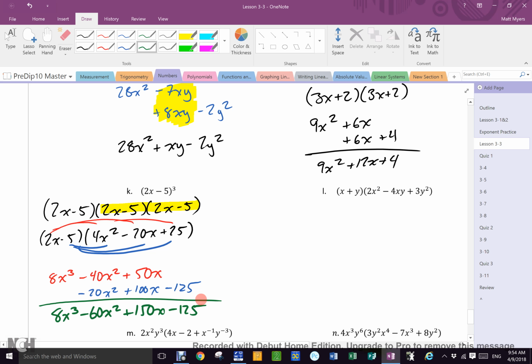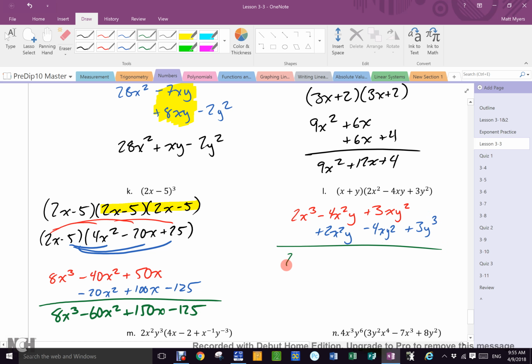Same thing here. All the way through, all the way through. 2x cubed minus 4x squared y plus 3xy squared plus 2x squared y minus 3xy minus 4xy squared plus 3y cubed.